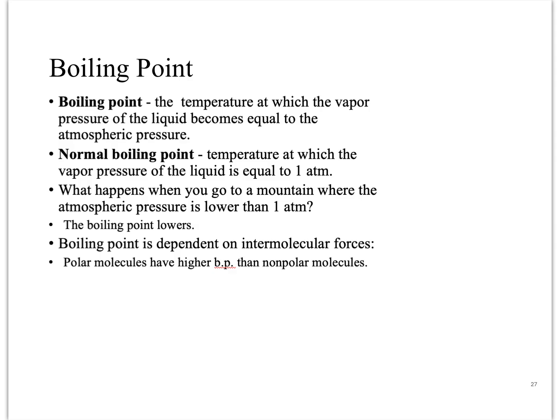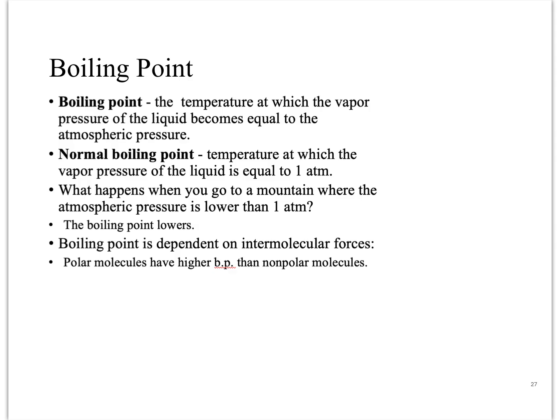Since we are talking about the liquid, one more thing we want to talk about here is the so-called boiling point. Boiling point basically is the temperature at which the vapor pressure of the liquid becomes equal to the atmospheric pressure. From observation, it's when the liquid starts to boil, starts to go to the gas phase.